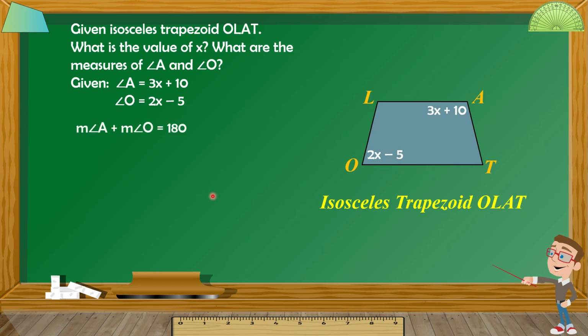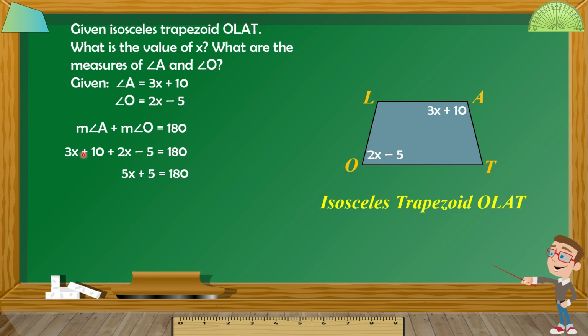So, gagawin natin dito, measure angle A plus measure angle O is equal to 180. And substitute lang natin yung mga naka-assign na values sa kanila. Si measure angle A, that is 3x plus 10, at si measure angle O, that is 2x minus 5, then equals 180. And then simplify lang natin.